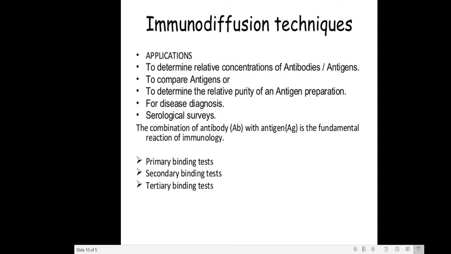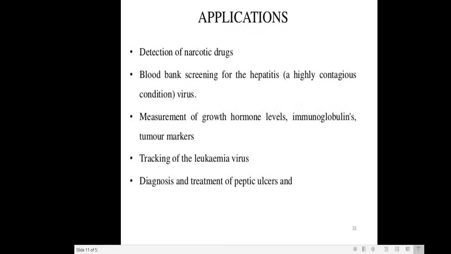All those things are very helpful in these immunological diffusion techniques. This combination of antibody and antigen is a fundamental reaction in immunology. In all experiments, immunology explains about the IgG antibodies; the antibody and antigen interaction is the whole basic concept.